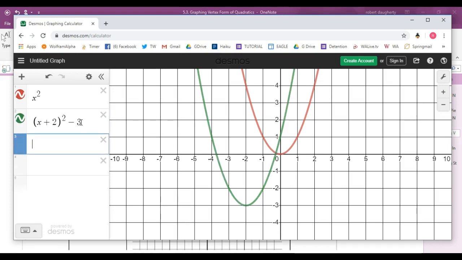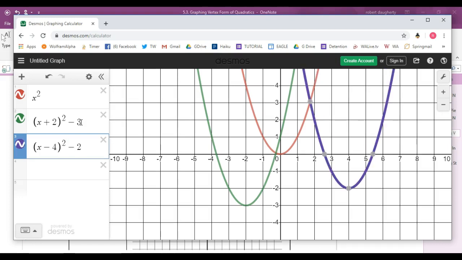Just like you did this one, let's do something like x minus 4 squared in parentheses. Then move the cursor down and put something like minus 2 on it. So what did this do, what we expected?